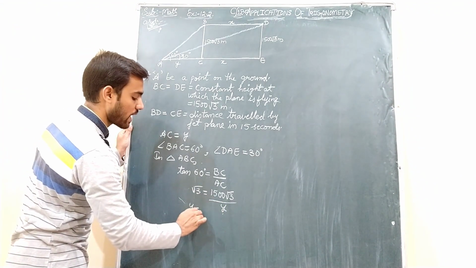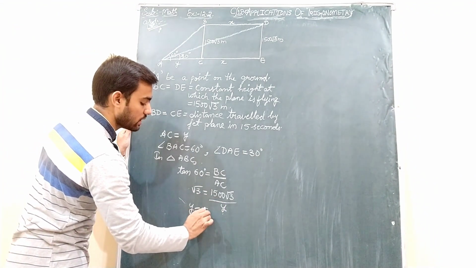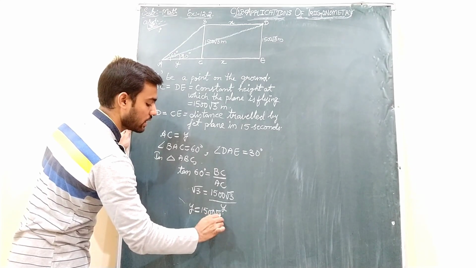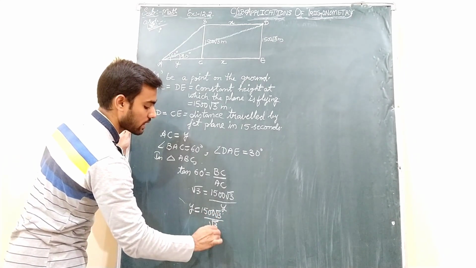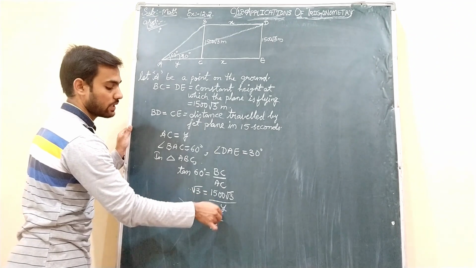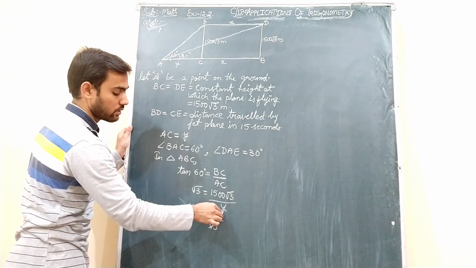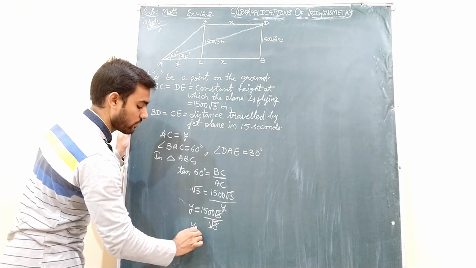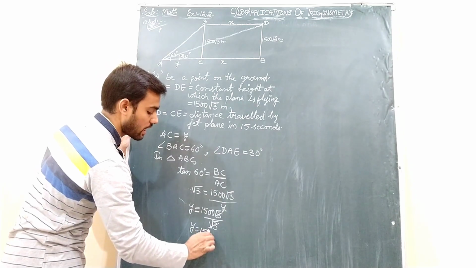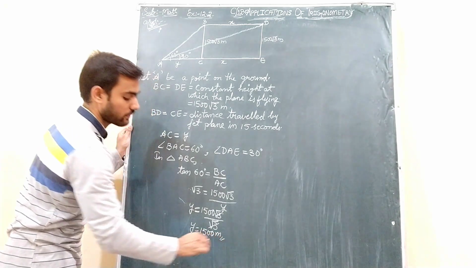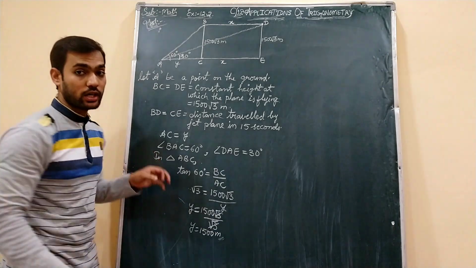I will get Y equals 1500 root 3 upon root 3, because multiplication goes to division. This root 3 gets cancelled. The value of Y is 1500 meters. Okay students? So we got the Y value.